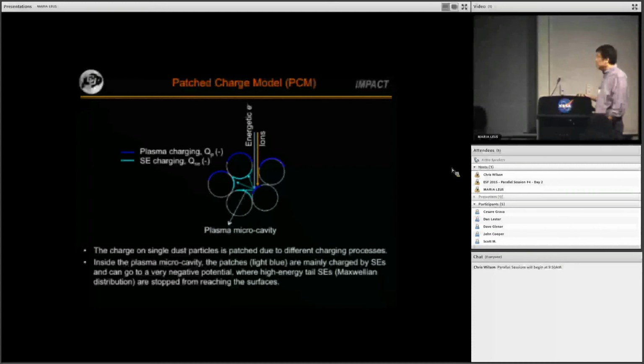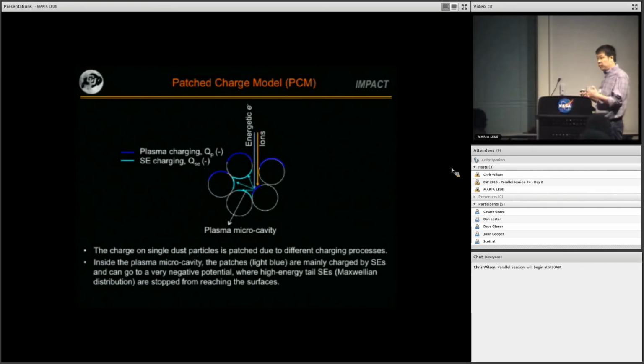There's no ions. So what happens, the charge will keep building up more negative, until it can stop the high energy tail secondary electrons, which we assume is the Maxwellian distribution. So we expect there's a much higher negative charge inside the cavity.